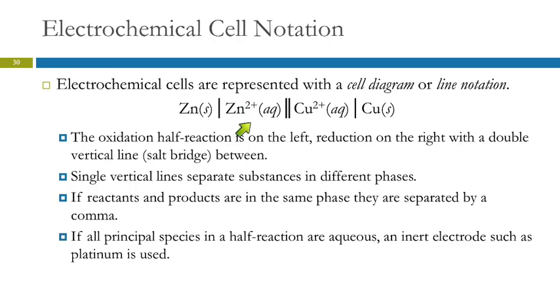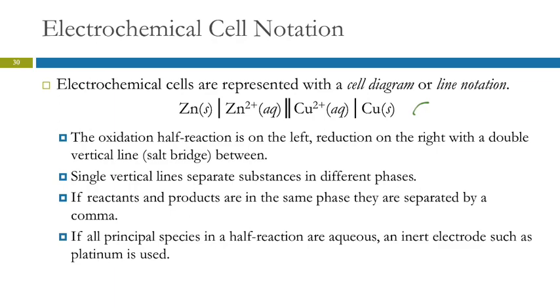So we have the one side of the cell, and this is the other side of the cell. On this side, we have copper 2 plus ions that are aqueous, and a line separating them from the electrode, which is solid copper.